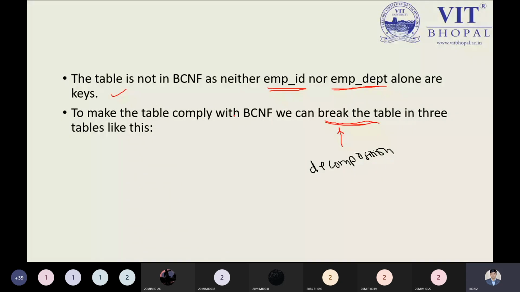By the definition of 3NF, our relation should be in 2NF, and no transitive dependency should exist. But according to second normal form, if you remember the definition, all the non-key attributes should depend on the key attributes.